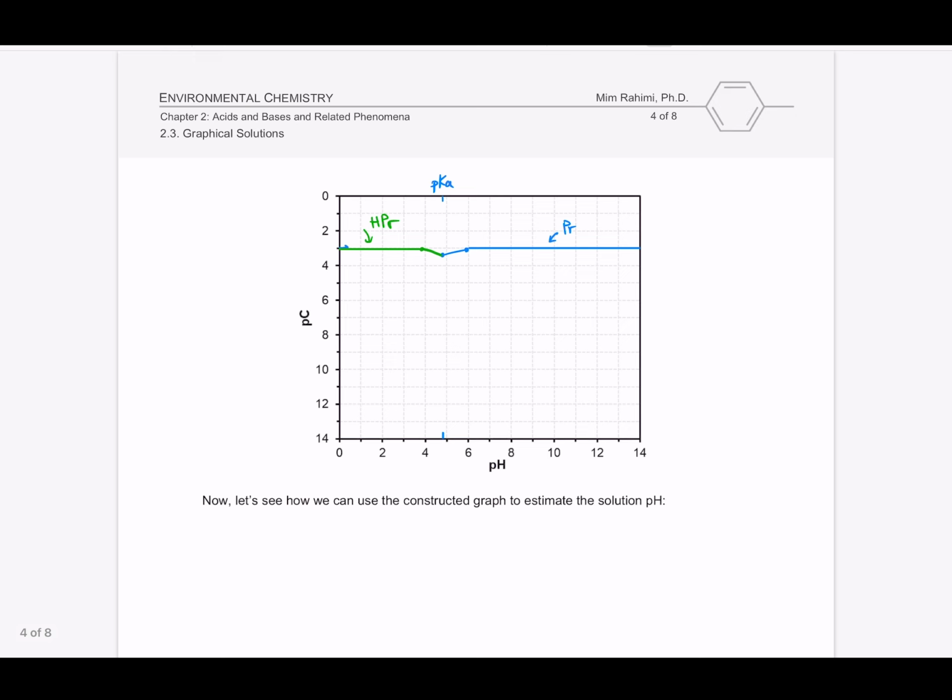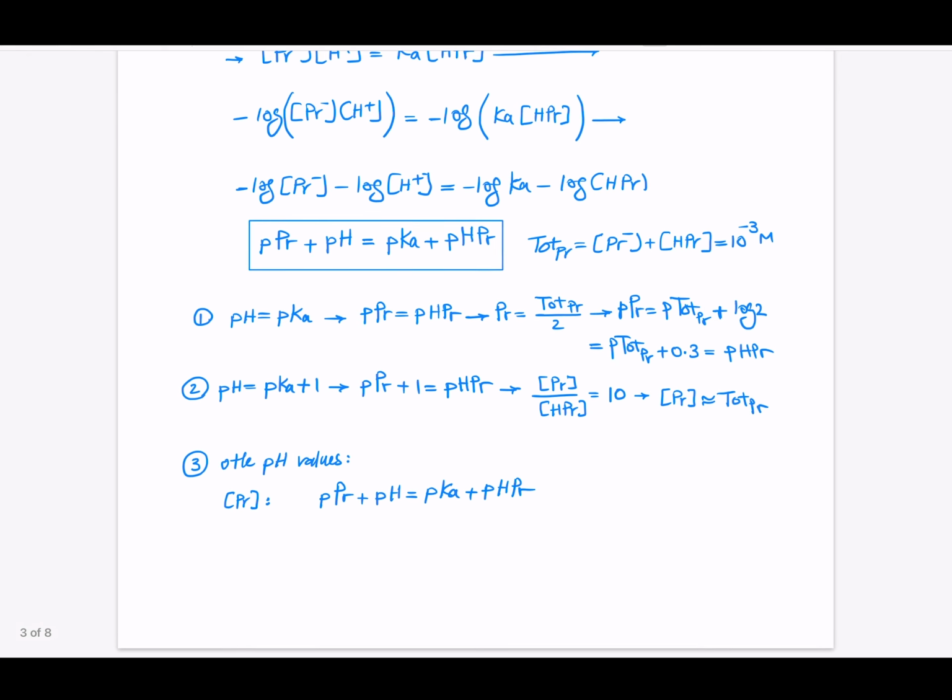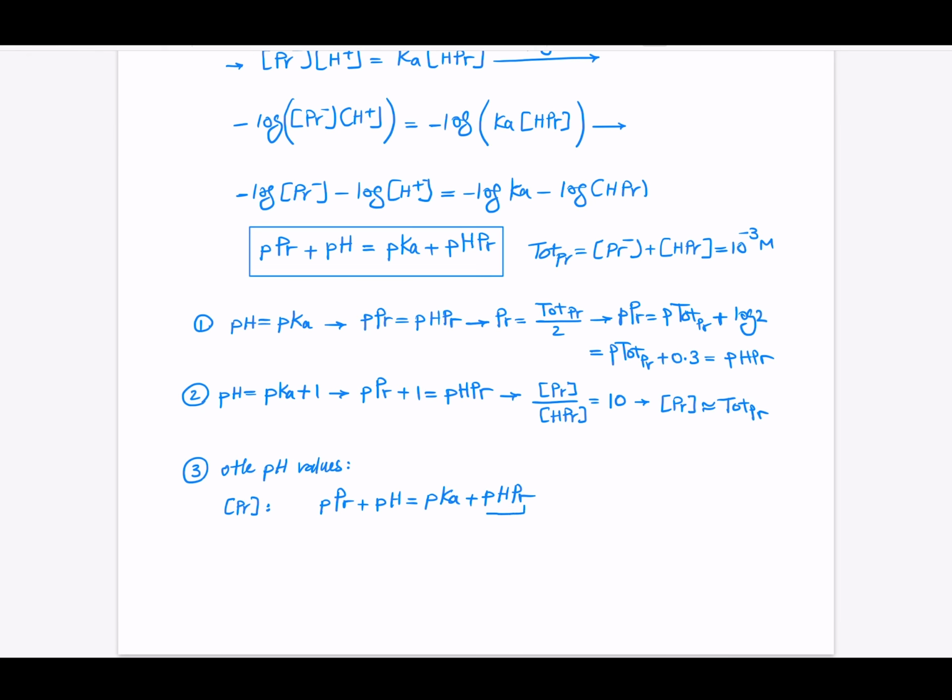Now we're talking about a lower pH than this value, and we want to see how this blue line would change after we pass this. After we pass this, the concentration of HPR is not changing as a function of pH. It's pretty much equal to the total concentration. So if we look back to the equation, this is not changing, this is also a constant. So these two are constant.